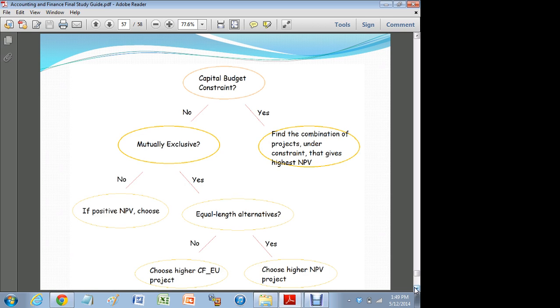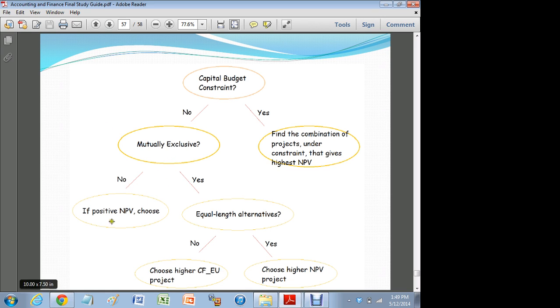So hopefully this is a useful chart to figure out what's going on here. If you have a capital budget constraint, then automatically you're trying to figure out how to maximize your NPV given the constraint you have. You have to play around with the combinations of them. Otherwise, the question becomes, are they mutually exclusive?